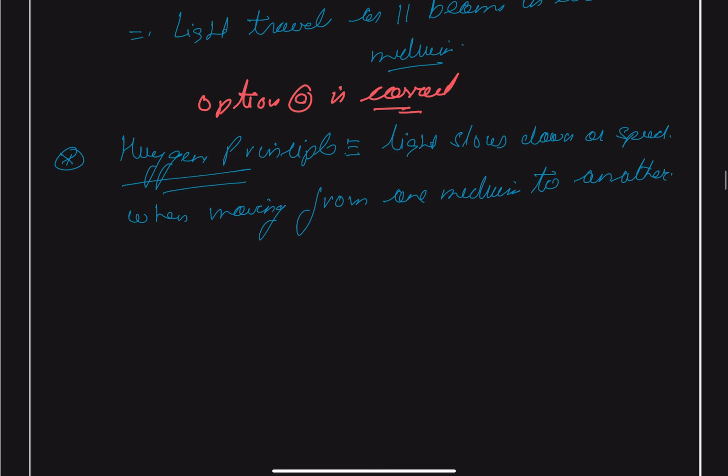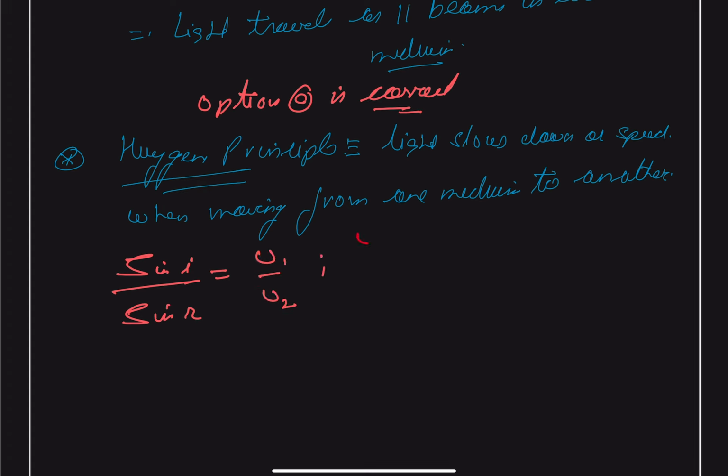Now we can use Snell's law in terms of the velocity. We can say sine of i, incident, divided by sine of r, refracted, is equal to V1 upon V2.